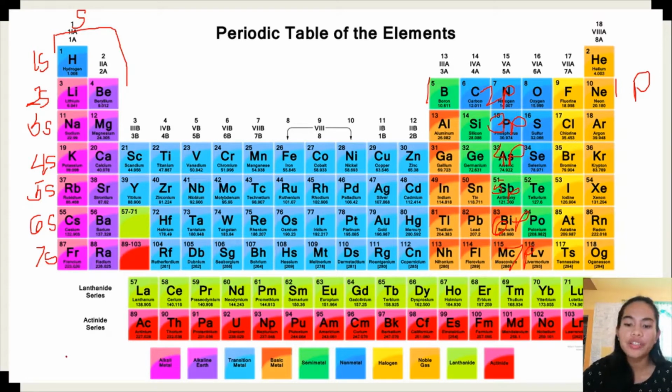So these are our sublevels on the P shell.